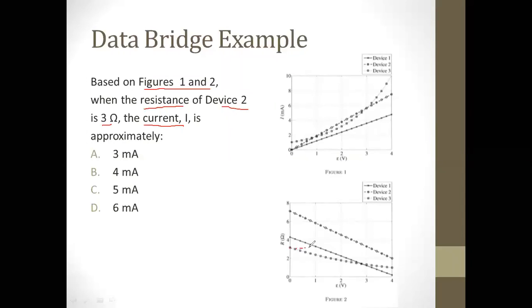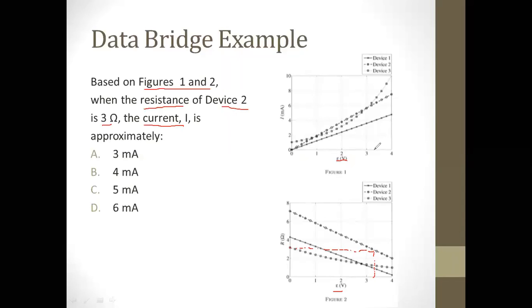We carry it over to the graph of device 2. And then we can carry it down to see what the common variable would be. So that's at approximately 3.2 or 3.3. So our common variable is at 3.2 or 3.3.